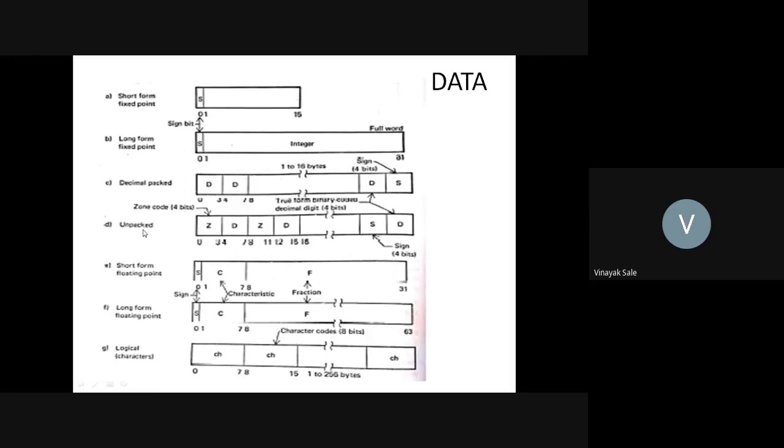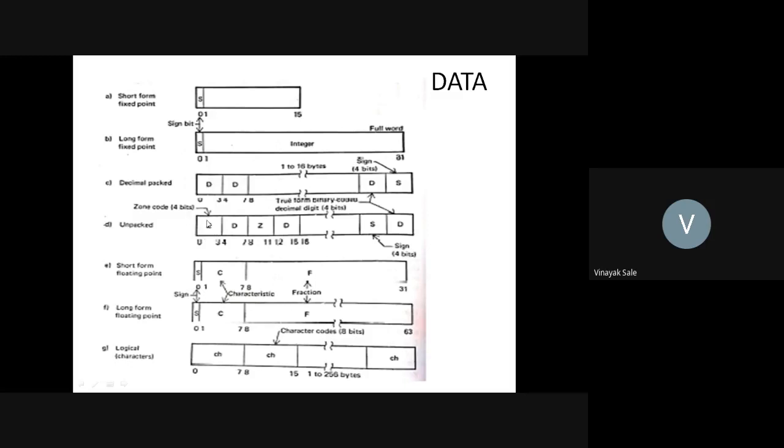Then for unpacked data, first 4 bits, that is 0 to 3, is zone code. These 4 bits for zone code.